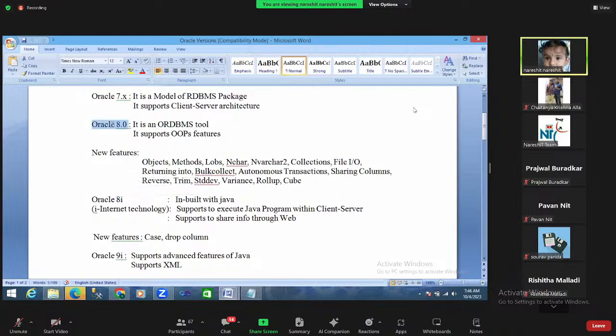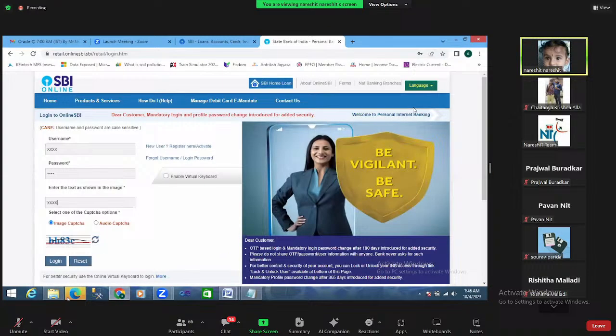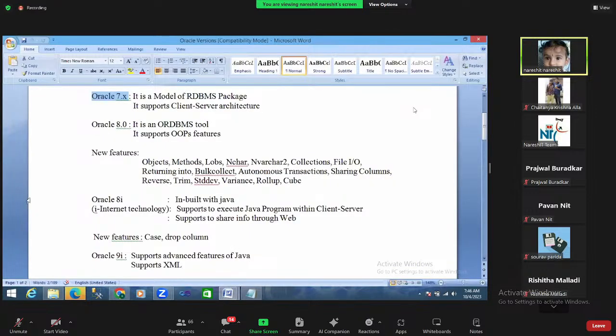Suppose if you install 8.0 or 7.x version, this application is not supported. Minimum 8 is required in the backend database. Then only your request is accepted by the database and processed. If it is a valid user, login is successful. If it is an invalid user, you get an error. So the backend minimum 8 is required. That is called sharing the information through the web.